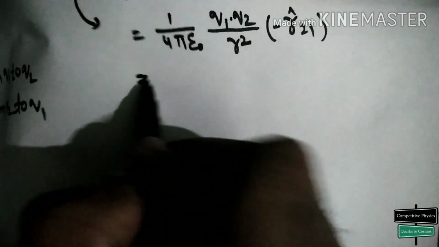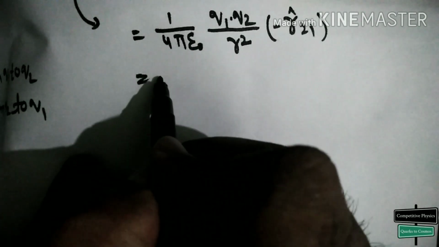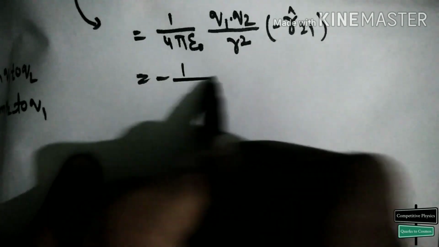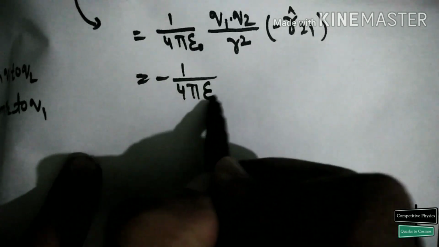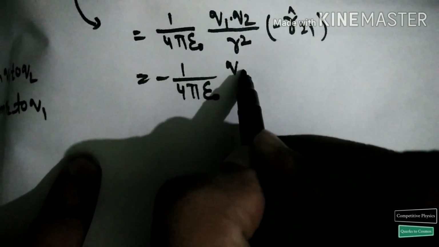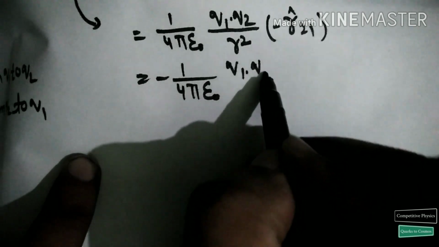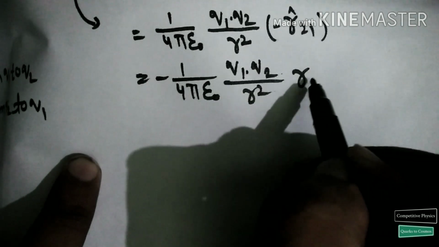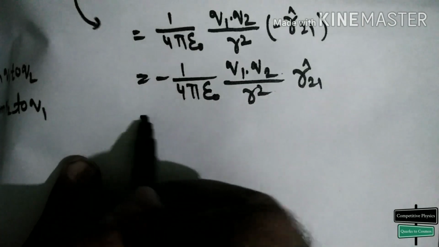So you can write minus, just take this sign here, 1 upon 4 pi epsilon naught q1 into q2 upon r square r21 cap.